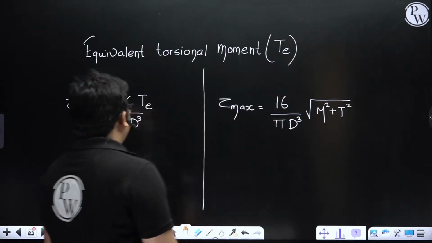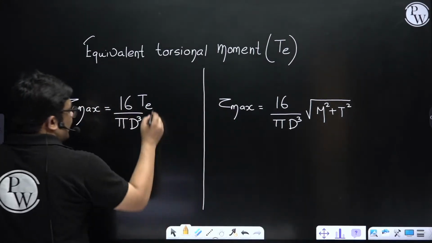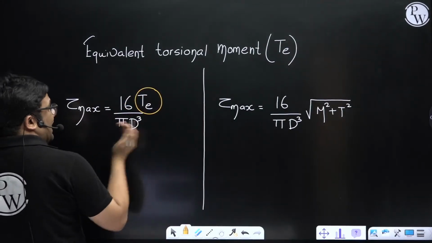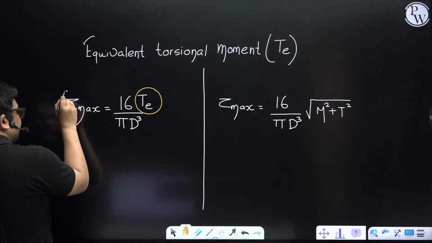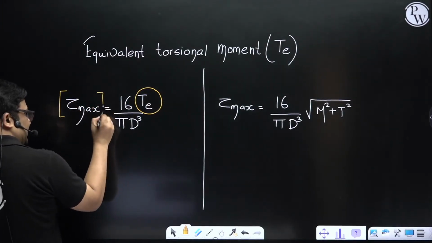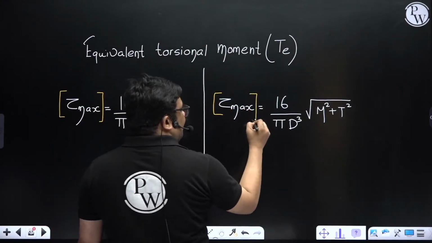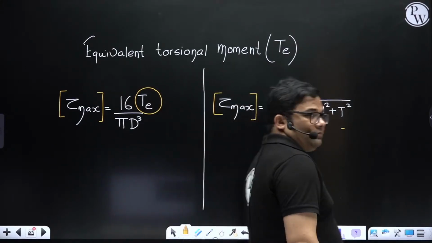Yes. So equivalent torsional moment is that torsional moment such that when applied alone, it produces the same maximum shear stress as produced by the combined effect of bending moment and torsion.